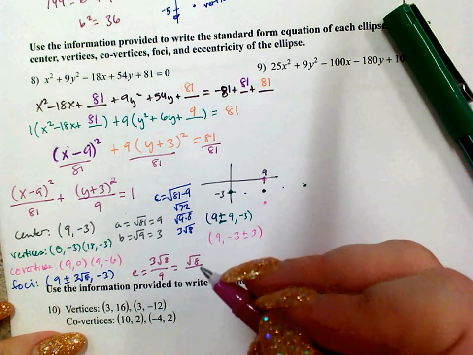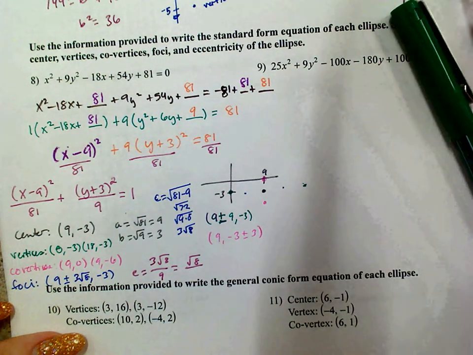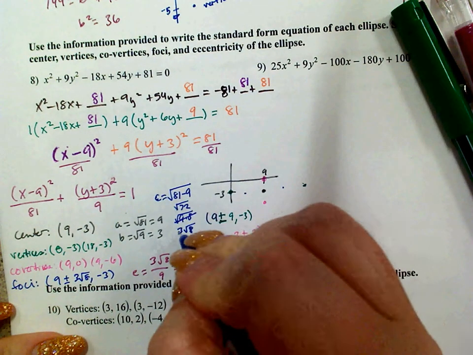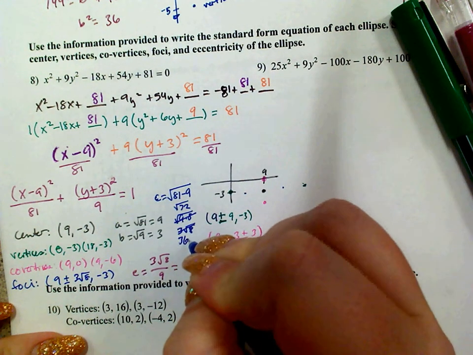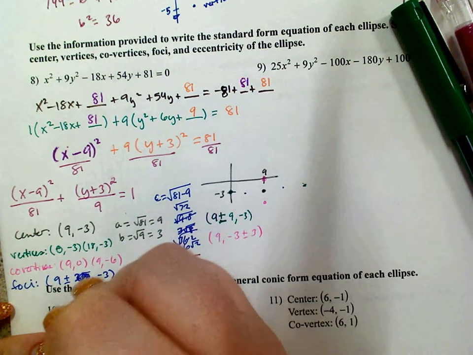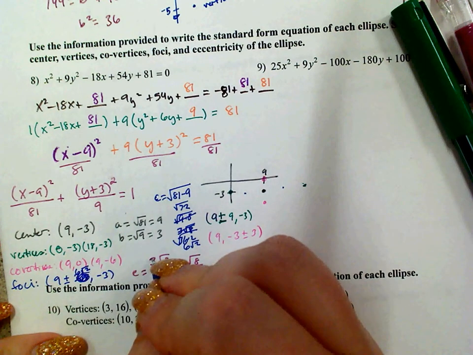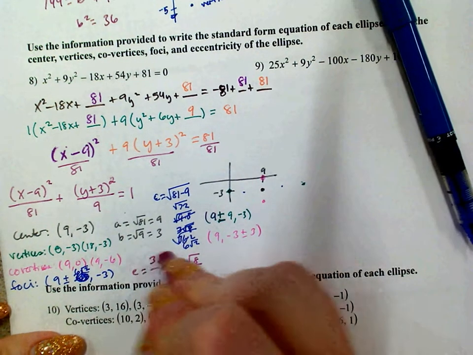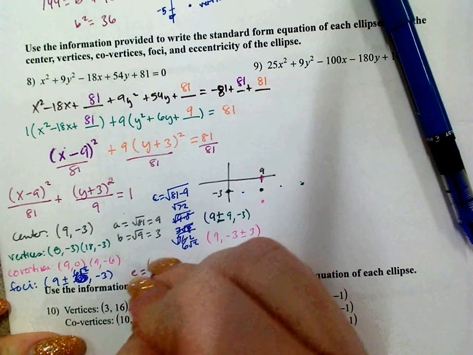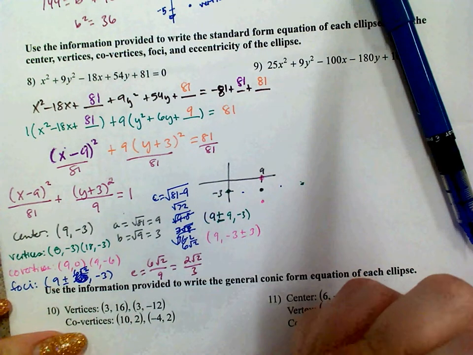So that is 36 times 2, which is 6 square roots of 2. Okay, so that would be 2 square roots of 2 over 3. And that would be the most simplified form.